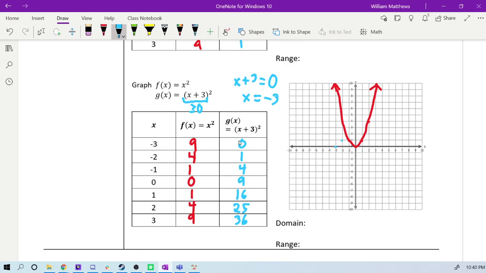There's our 1 input. At -2. At -1, we have our 4. At 0, we have our 9.